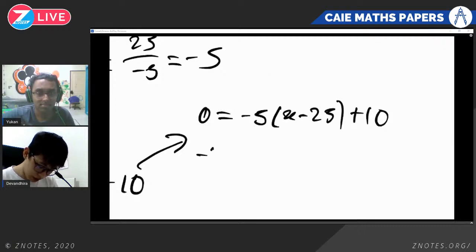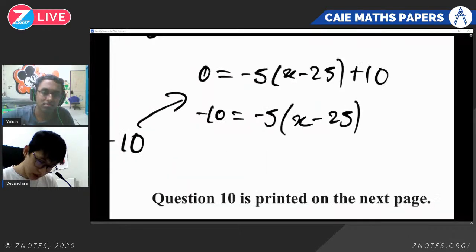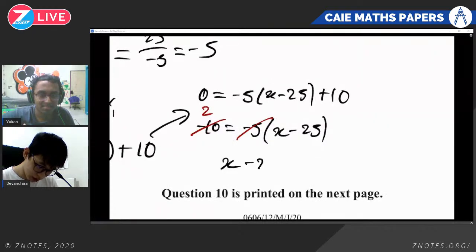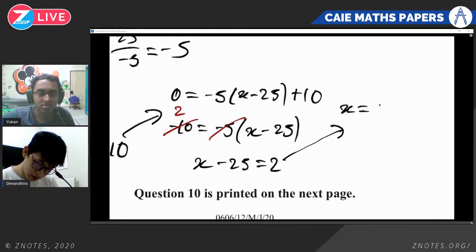We have negative 10 equals negative 5 times (x minus 25). We'll divide both sides by negative 5. We have 2 here, so x minus 25 is equal to 2, and of course, x is just 27.